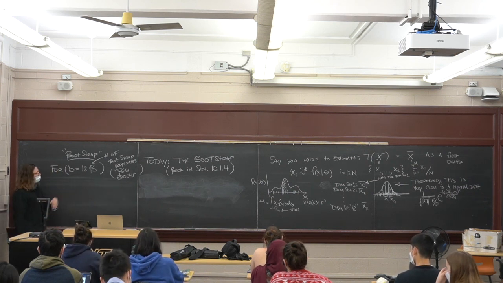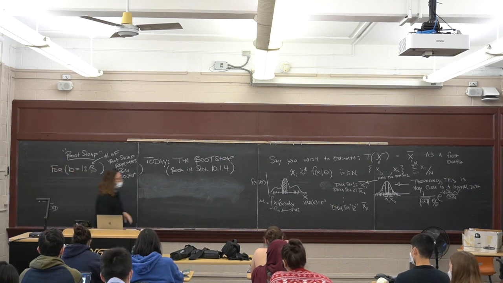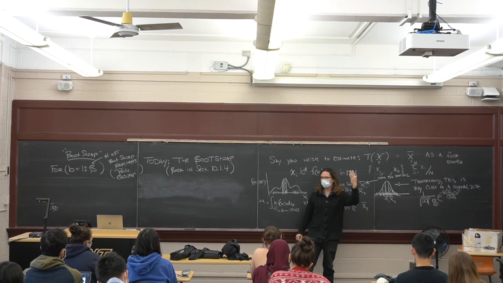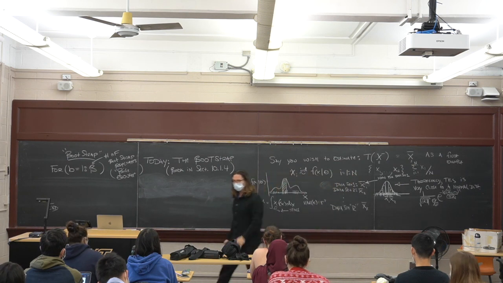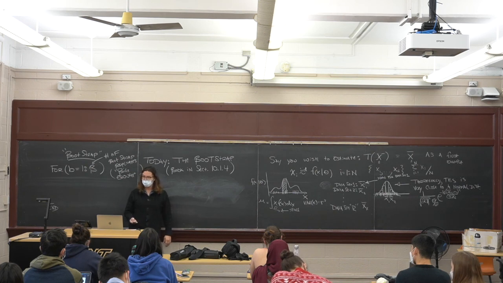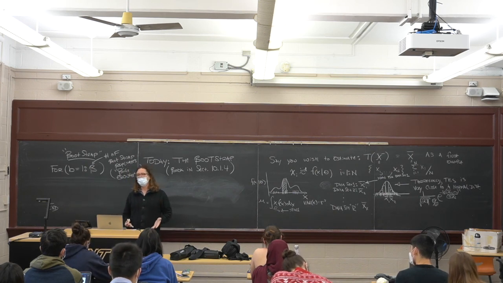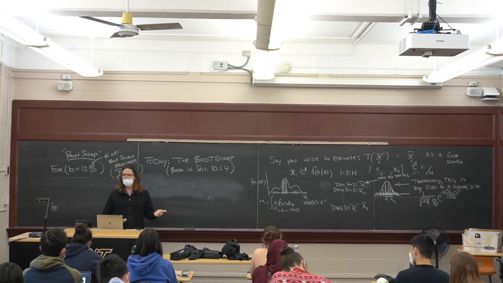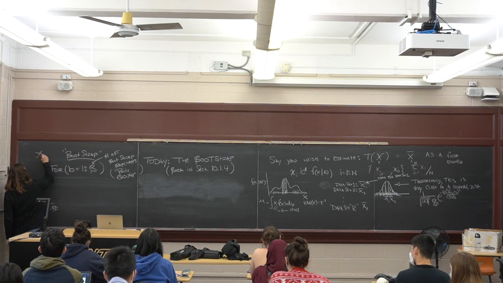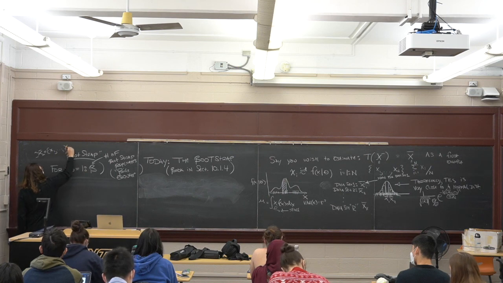So it's going to be an iterative algorithm. Capital B is going to relate to capital R, the number of replicates that you go out into the population. So this is our fictitious going back out into the population and resampling, but we're not going to do that. We're going to go back to our original data set. So we're going to start with capital X, our original data set, X1 to Xn.